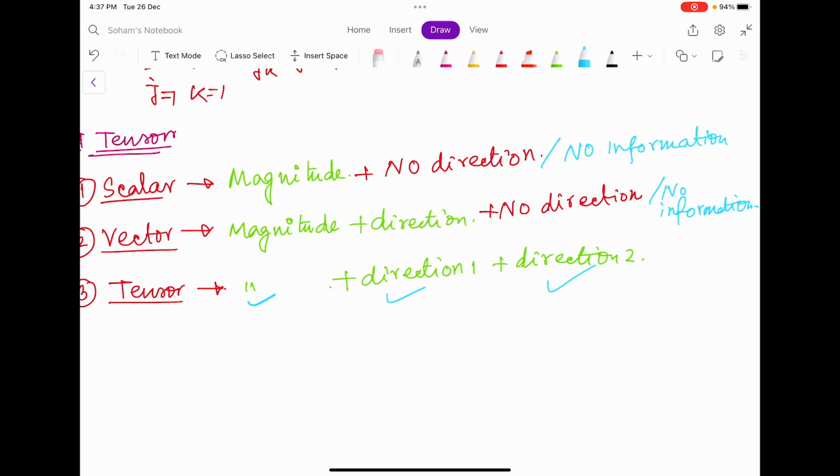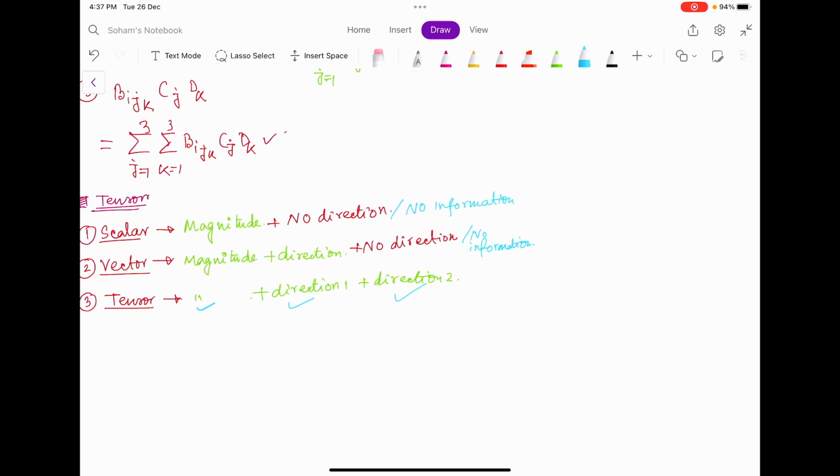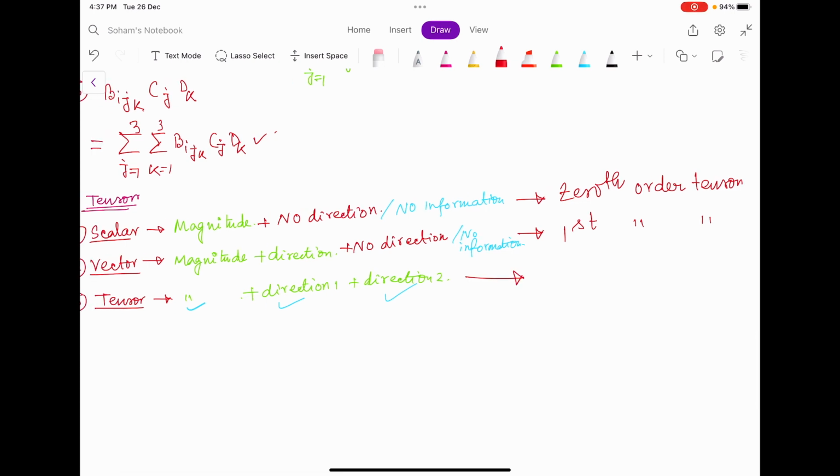So I can represent scalar by a zeroth order tensor, I can represent this vector as a first order tensor, and I can represent this tensor as a second order tensor.